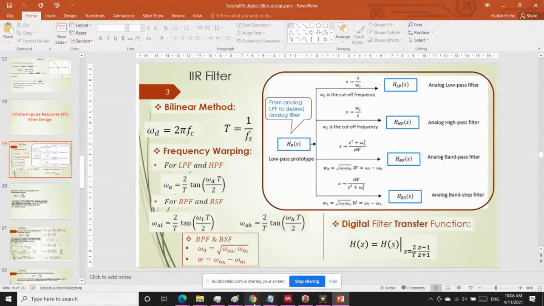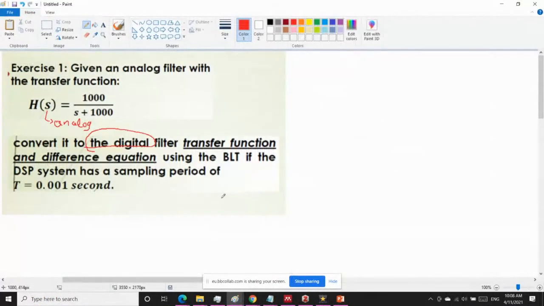This is the conversion. The doctor said to use the BLT method, the bilinear transformation method. In this method, to convert to digital, we replace S with this expression of Z, and then it becomes digital.